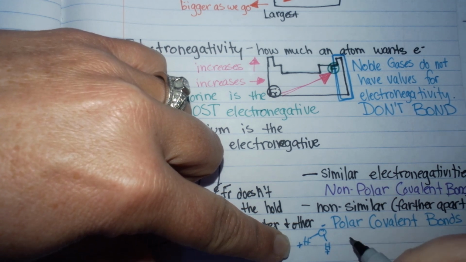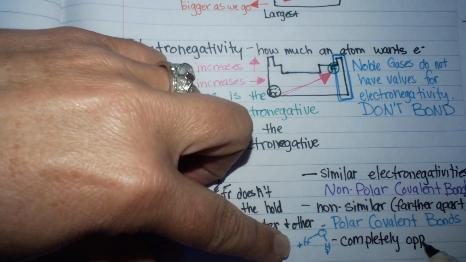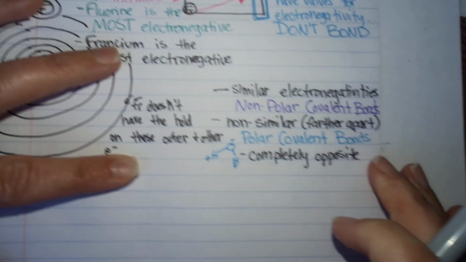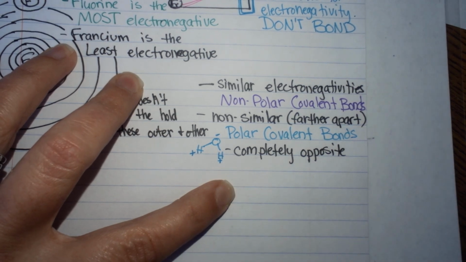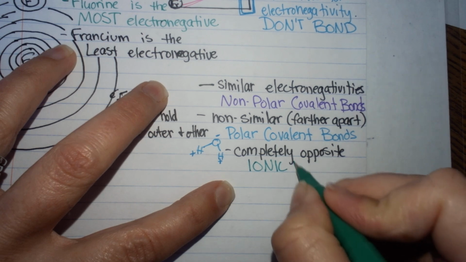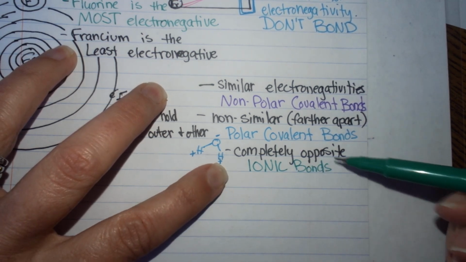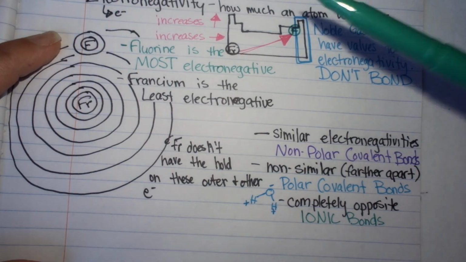And then completely opposite electronegativities will form ionic bonds. And we will come back to these in gross detail, but I really like the way the video uses our friends here, fluorine and francium.